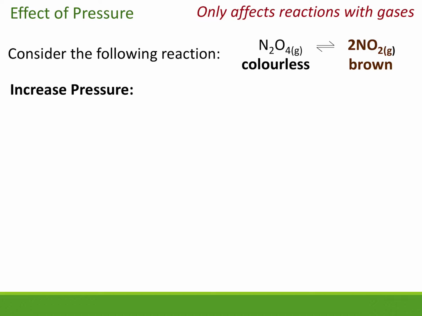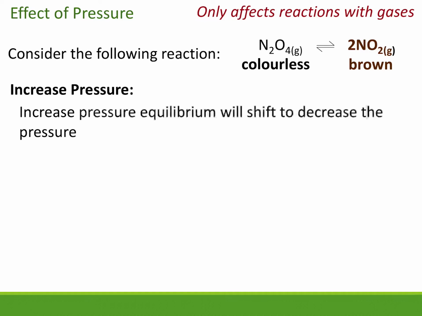If we increase pressure, we've made lots of collisions. So what does it need to do? It needs to decrease the pressure. How does it do that? It has less collisions on the container walls, which means I need fewer particles. Increasing pressure, it shifts to decrease it.